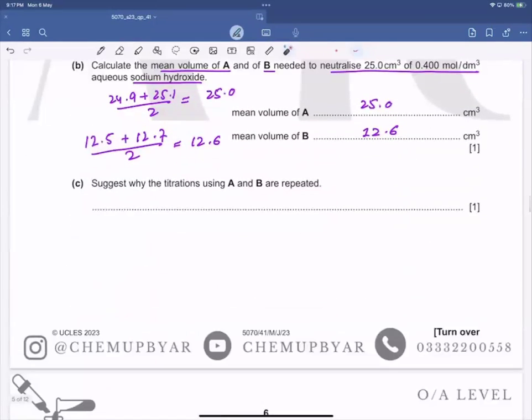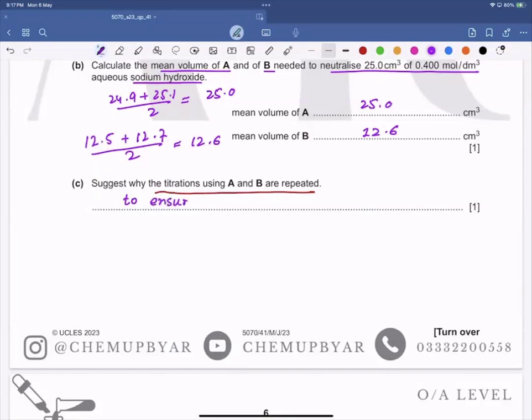Okay. Now, suggest why the titrations using A and B are repeated. So the repetition is to check the consistency of the results, or the consistency of the readings, that we are getting the same readings or closer readings or not.